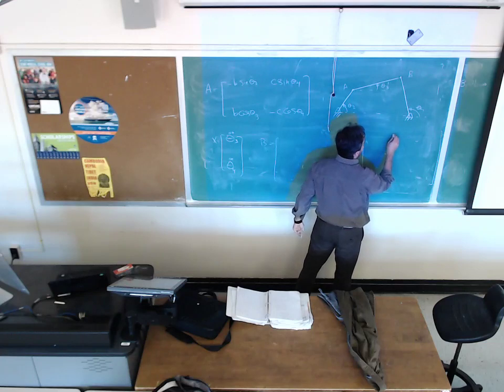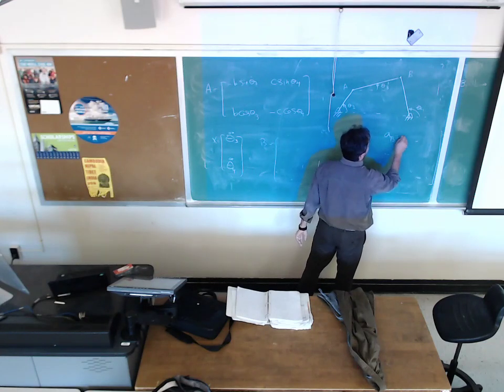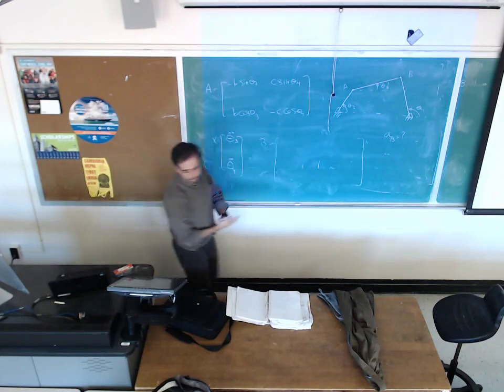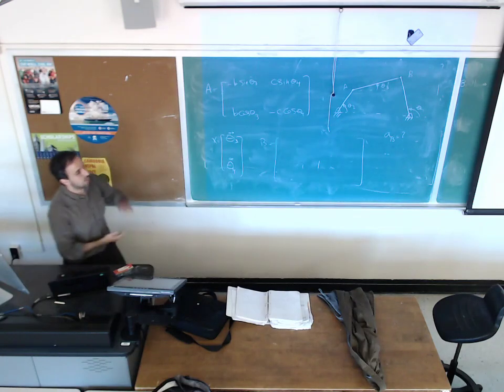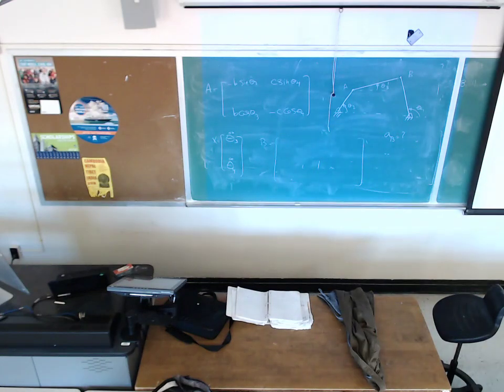Now, I'm looking for acceleration of point B. What would be the acceleration of point B? Or any other point in this mechanism? Point B is one point that I picked. What should we do to find acceleration of point B?